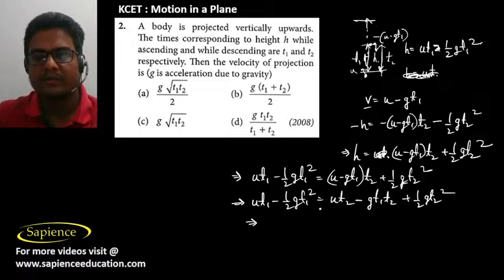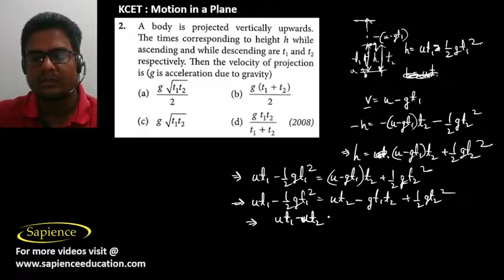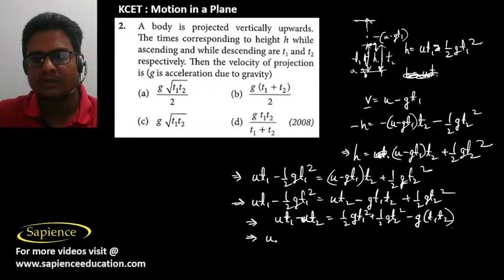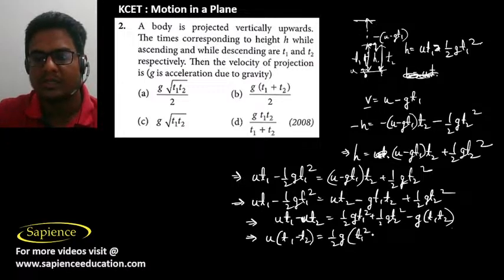So therefore ut1 minus ut2 is equal to half gt1 square plus half gt2 square minus g into t1 t2. So u into t1 minus t2 is equal to half g, if I take it common, t1 square plus t2 square minus 2 t1 t2.